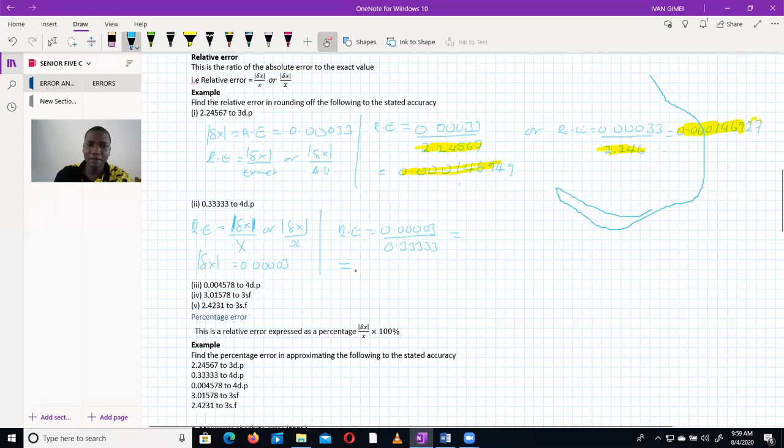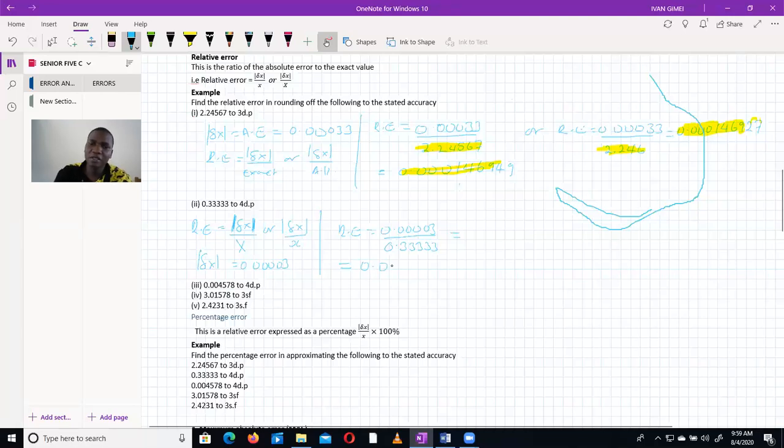You've divided this by that. Do the computation correctly. Is it 0.00003 divided by this, or are you dividing 0.3 divided by that? We get 0.0000.